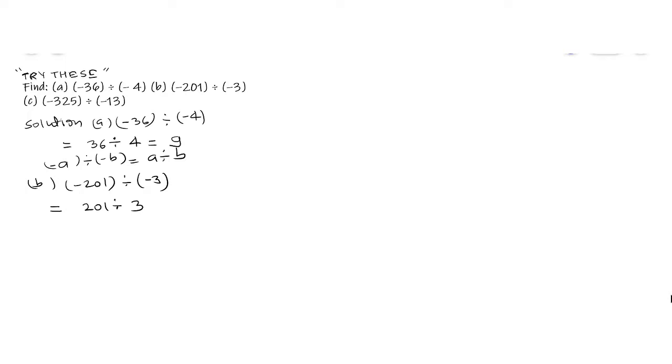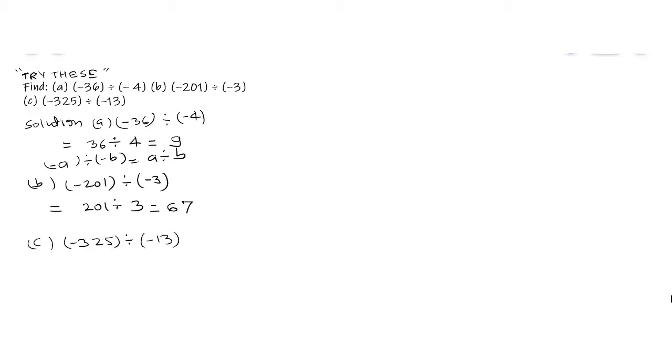When a negative integer is divided by a negative integer, we get the quotient as a positive integer. So on dividing 201 by 3, 20 divided by 3: 3 times 6 is 18, and after subtracting 18 from 20 we get 2 as remainder, and we carry 1, so it becomes 21, and 21 divided by 3 is 7. So our quotient is 67.